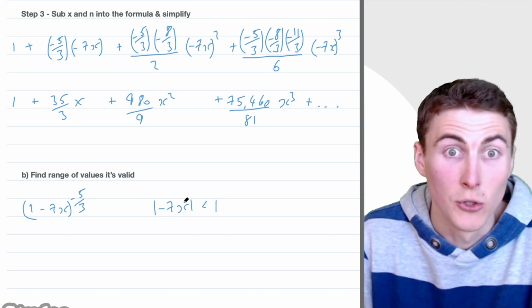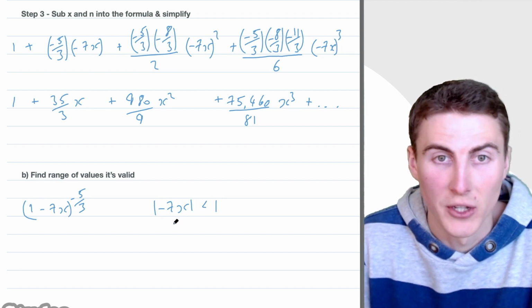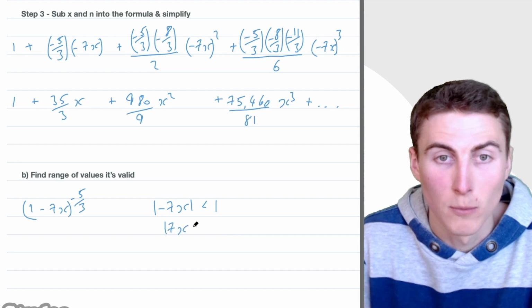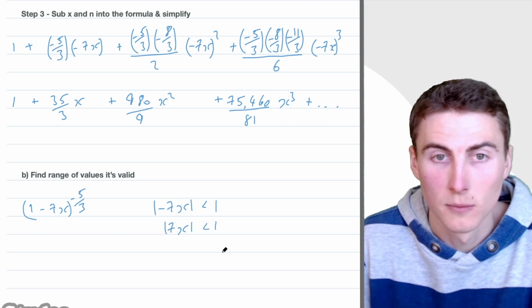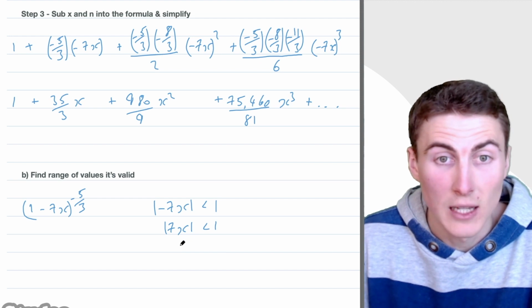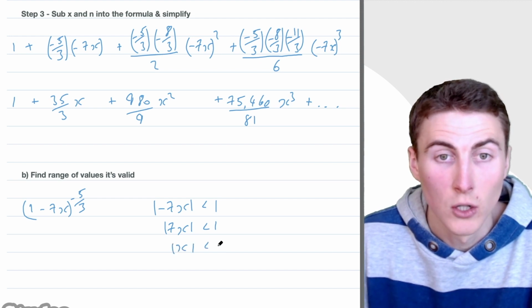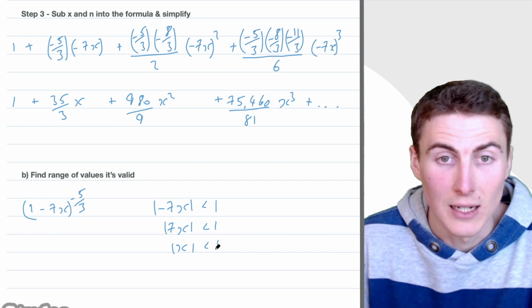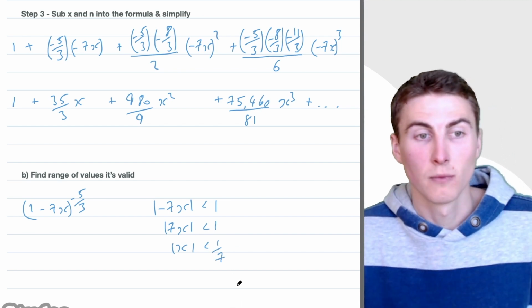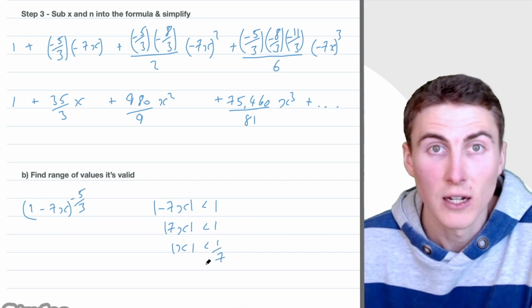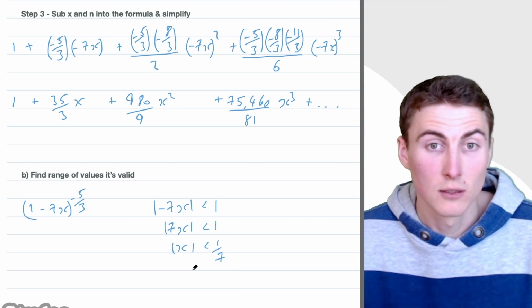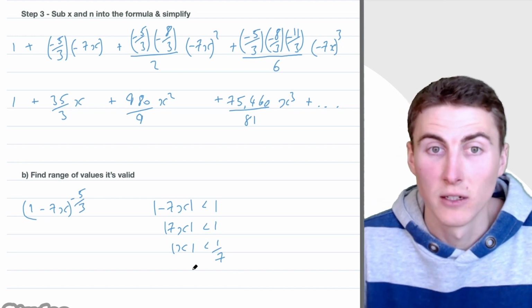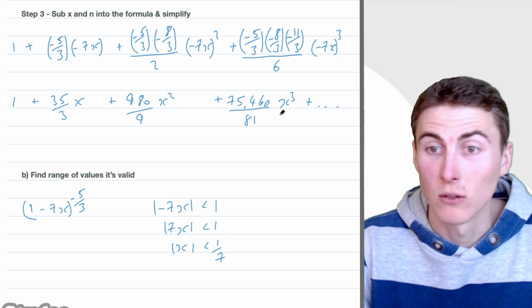Now, of course, a modulus makes things positive, so we don't need to care about the negative sign. We can just say modulus of 7x is less than 1. And then we divide both sides by 7 to get the x by itself, so that the modulus of x is less than 1/7. And that's it. That's the range it's valid for. As long as the modulus of x is smaller than 1/7, then this expansion that we found is correct.